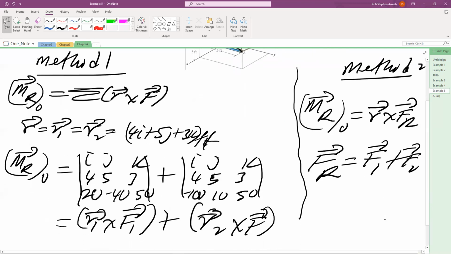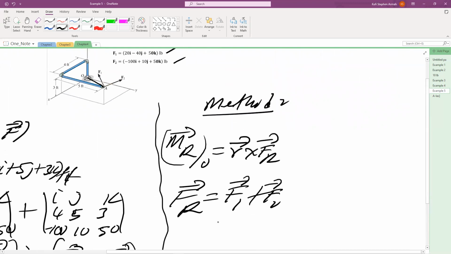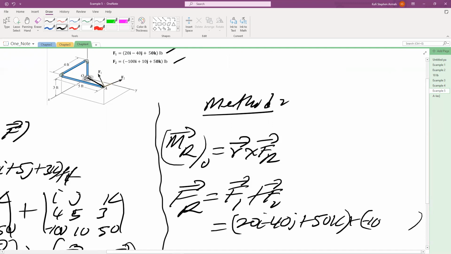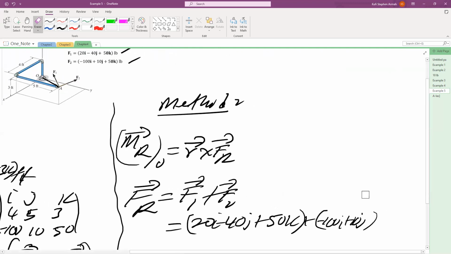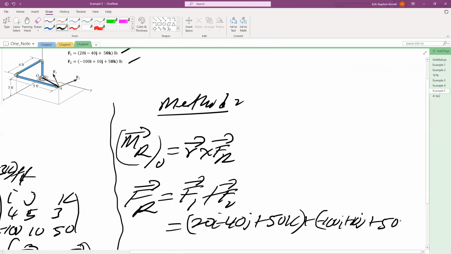So you just add the two. This is equal to your 20i minus 40j plus 50k. Add whatever your F2 is, which is minus 100i plus 10j plus 50k.